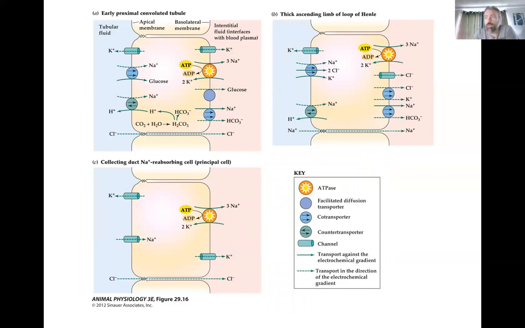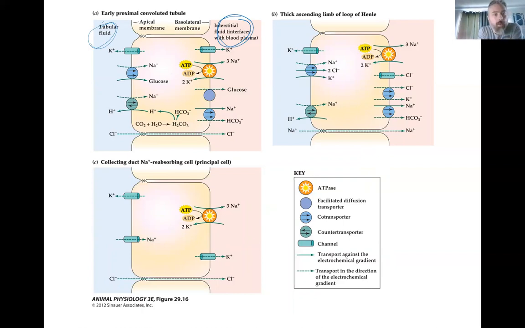The way that this is going to work is that as we get through different parts of this tubule, we have different actual processes going on. So in the early part of the PCT, what are we doing here? Here we've got tubular fluid on the left, the fluid here on the right.